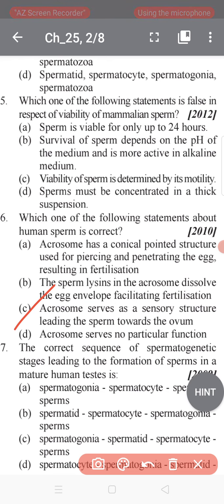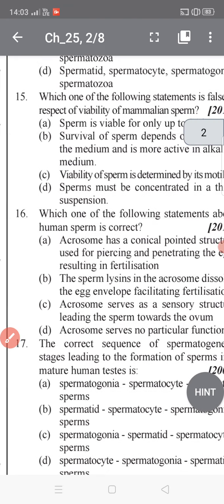Option C: acrosomes serve as sensory structures leading sperms toward the ovum. Option D: acrosomes serve no particular function.